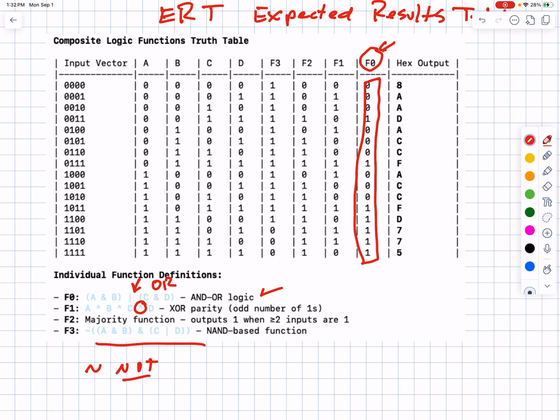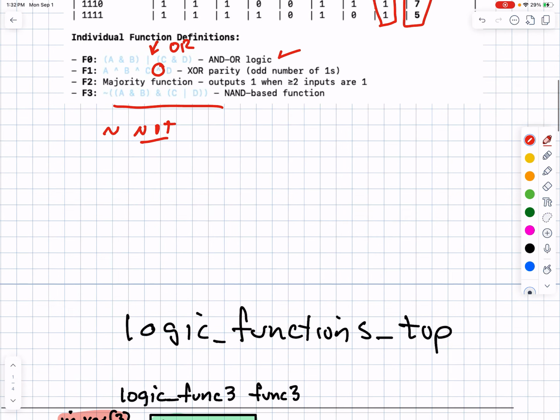And then later on, we're going to put everything together in hardware and send the answers to the 7-segment displays that we used last time. So you would also need to keep track of the expected results for the hex output for the different test vectors that we're putting in as the inputs. That's where we're heading. We're putting together 4 functions. We're going to piece this together. You'll see as we go.